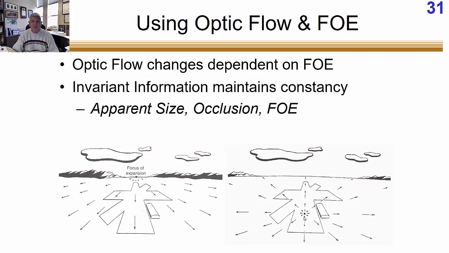Now there's other things. There's invariant information that helps us maintain constancy, right? So we have the focus of expansion that doesn't change even though everything else is moving. We have the size of this hangar, apparent size. We have occlusion, the fact that the runway is covering certain parts of the ground.